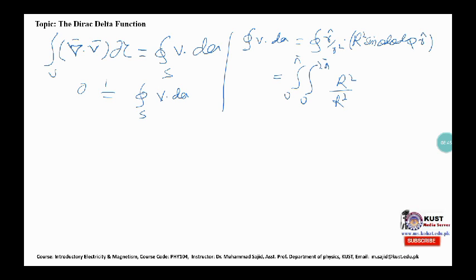So this will be r square over r square times sine theta d theta d phi. This will cancel out and we will get the integral from 0 to pi, 0 to 2 pi of sine theta d theta d phi, and if you integrate this you will get 4 pi. I think you can easily do this integration.